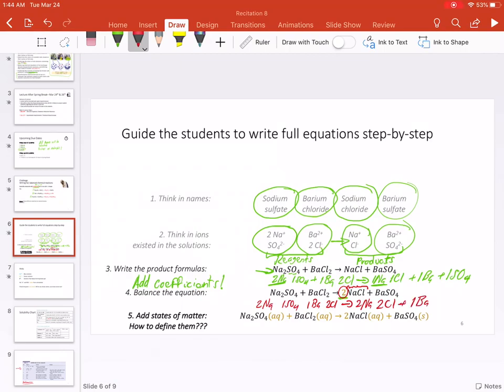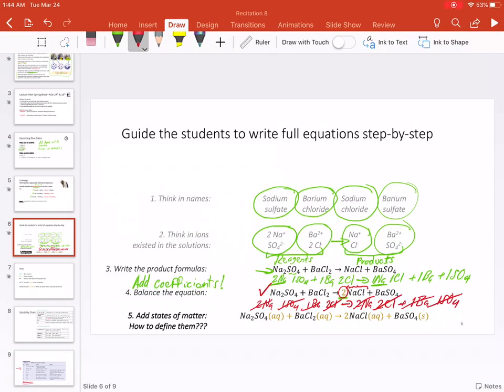And I have 1 barium and 1 sulfate. And now if I take a look at that, this matches. 1 sulfate with 1 sulfate, that matches as well. 1 barium with 1 barium, that matches too. And 2 chlorines with 2 chlorines. So everything matches. That means that this is correct.